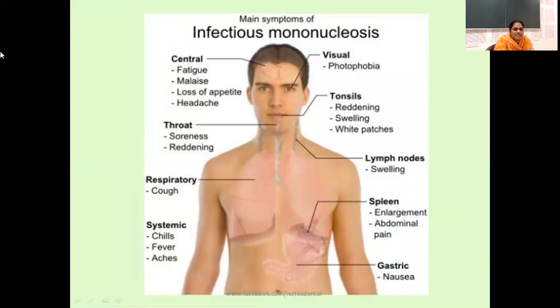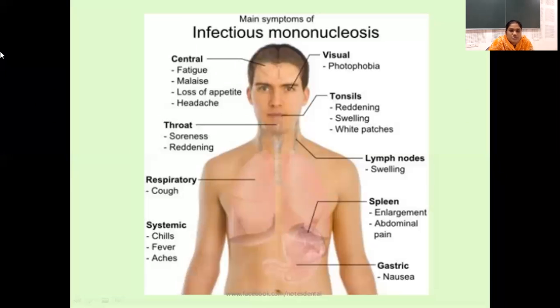So these are the main symptoms of infectious mononucleosis. Central nervous system involvement like fatigue, headache, throat soreness and redness, photophobia, tonsillitis, eye redness, white patches like oral leukoplakia. Respiratory cough can be present, and systemic fever, chills and aches.